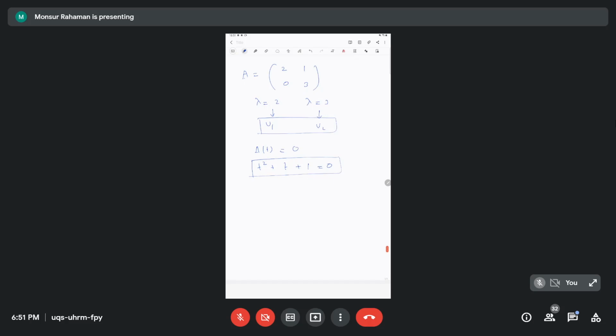A square matrix can also follow the polynomial, A squared plus A plus I equals 0. So whatever matrix follows this polynomial, we will call it a root of this polynomial.